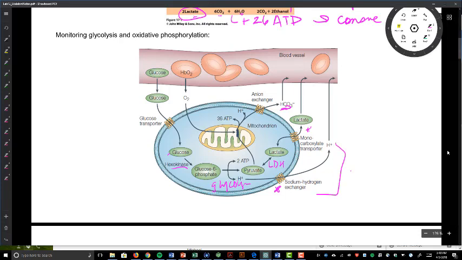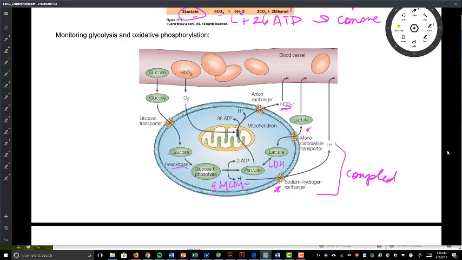Be careful with the term coupled, but whenever a lactate is transported out of a cell, a proton is also transported out of the cell. So for every mole of lactate that's exported out, you see a mole of protons. And so that's how the extracellular acidification can be used as a measure for lactate production.